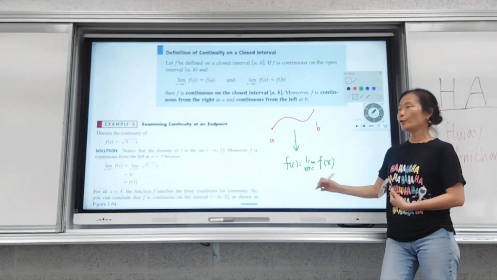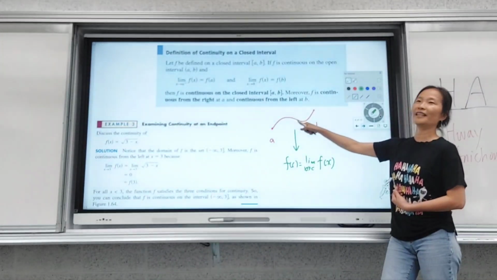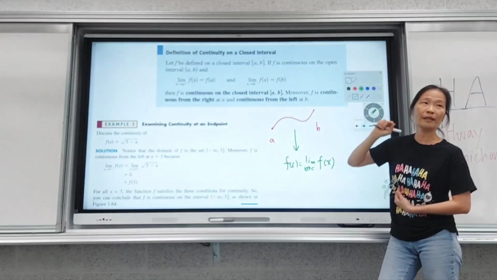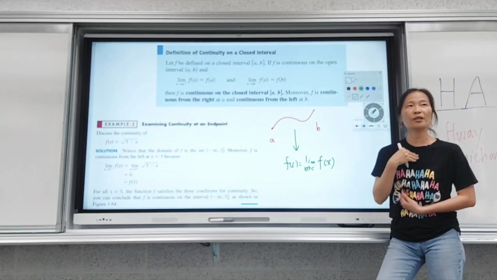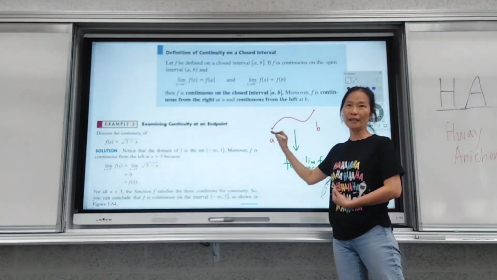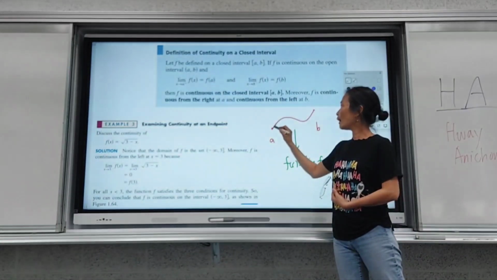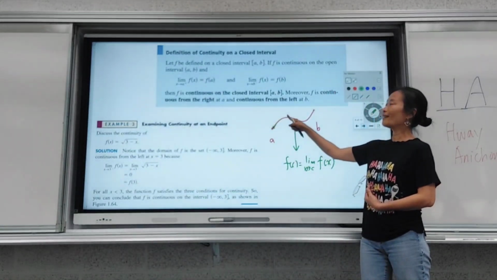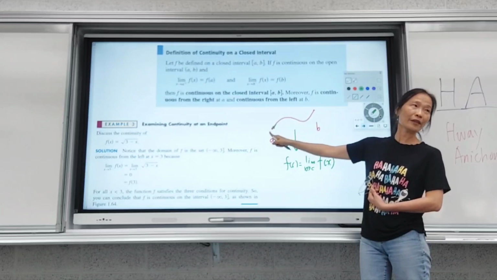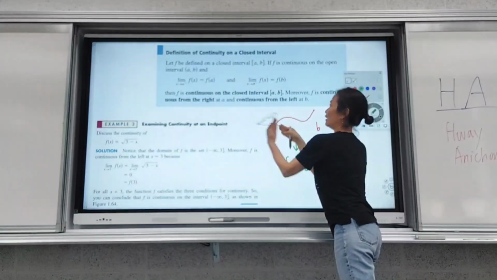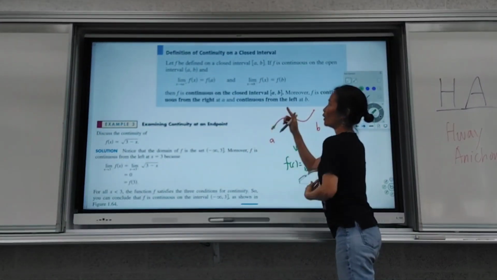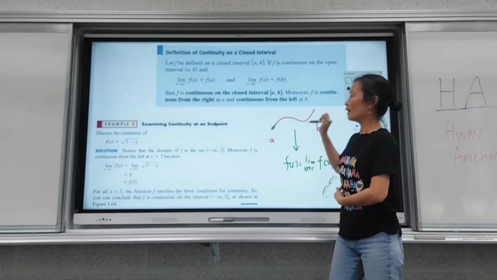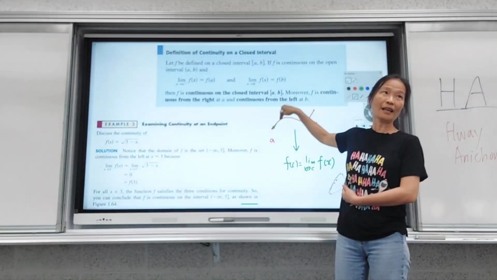So if that's true, every interior point within the domain will be continuous. How do we make sure the endpoint is also continuous? Well, at the endpoint, the graph only has one side, right? If it's the left endpoint, there's no graph on the left side. So when we check the limit, it's only checking the one-sided limit.